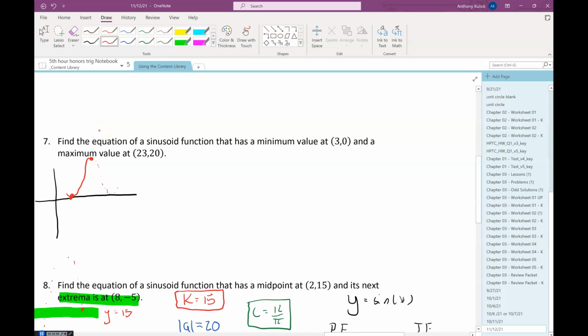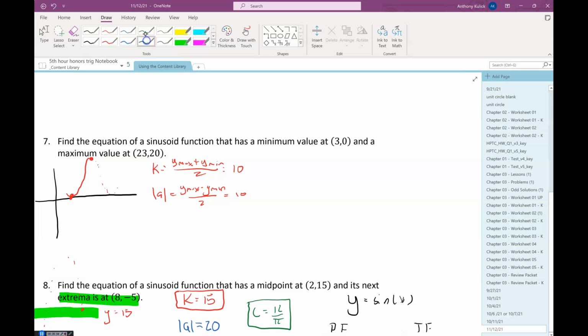So I'm going to find my k the same way. That's the sum of the y's, y max plus y min, divided by 2. So that's just 10. I find my amplitude the same way, which is y max minus y min divided by 2, which is also 10. That happens because the y min was 0, right?